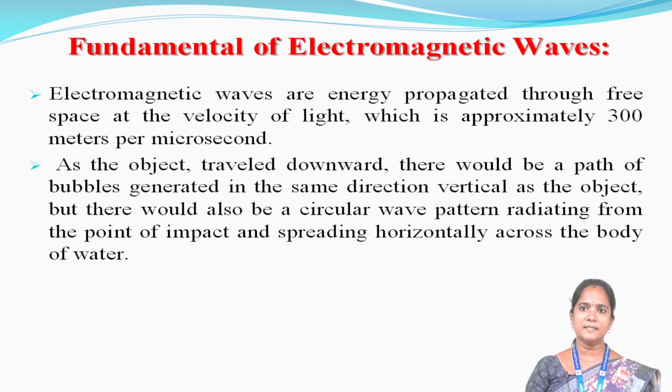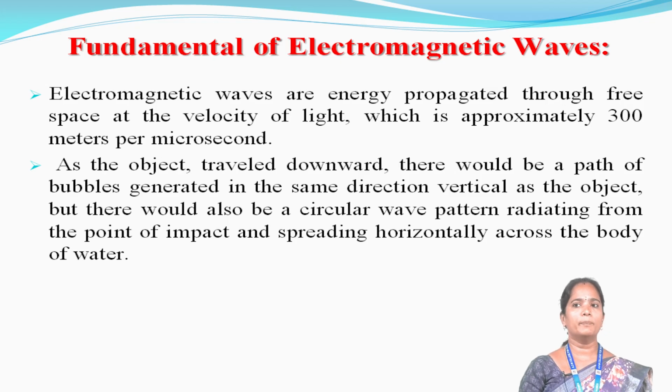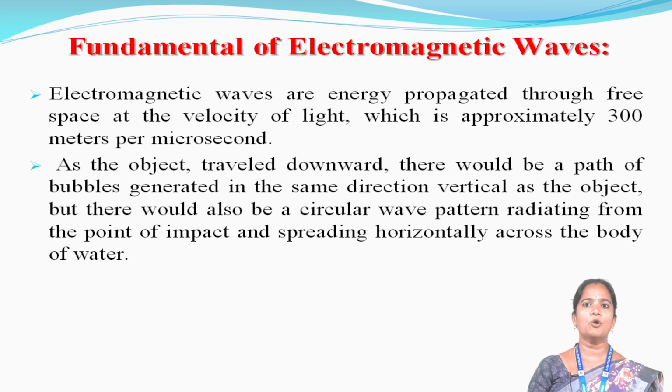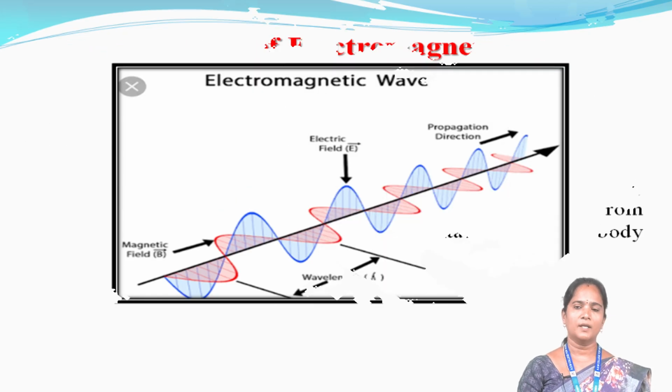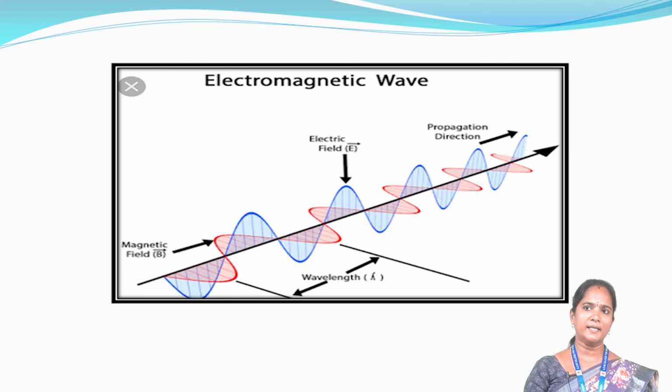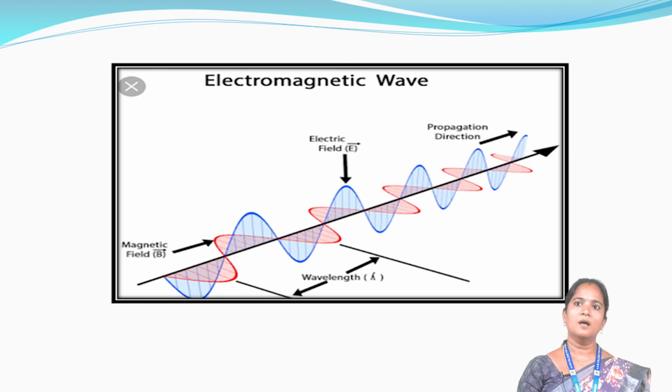As the object traveled downward, there would be a path of bubbles generated in the same vertical direction as the object. But there would also be a circular wave pattern radiating from the point of impact and spreading horizontally across the body of water. This is one of the electromagnetic wave pictures.